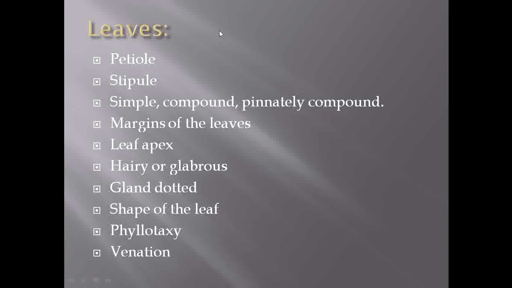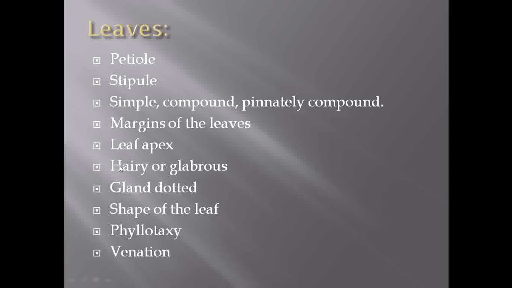Then about the leaf apex, it is either blunt or mucronate. Mucronate means if a small needle-like portion is present at the apex of the leaf. Some leaf apices are acuminate. So these are the different types of leaf apex.